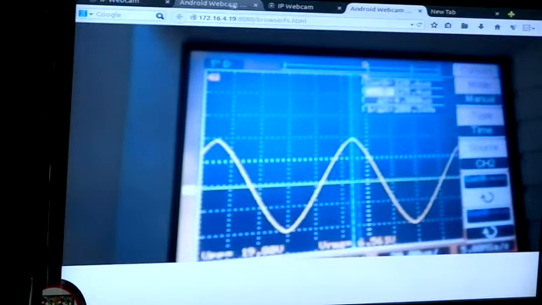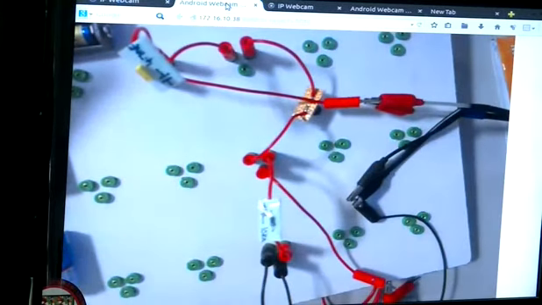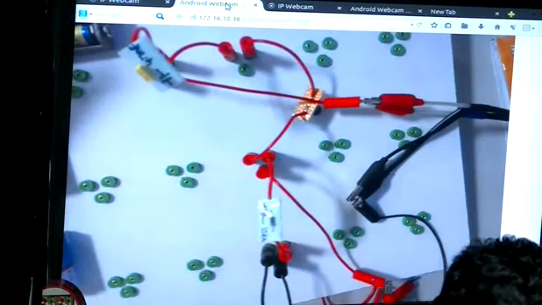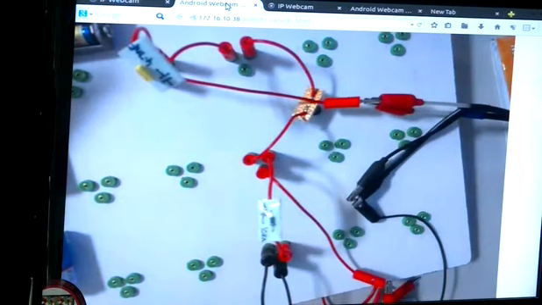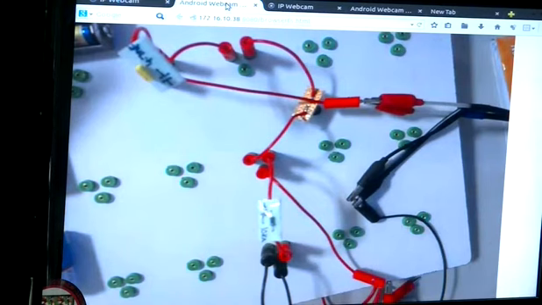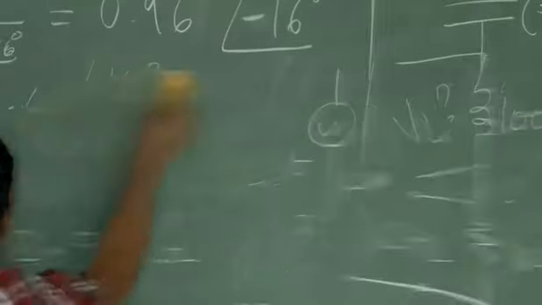Now what I'll do is, I think we cannot connect it. Can you just go to the board again? So now my question is, what is VL?